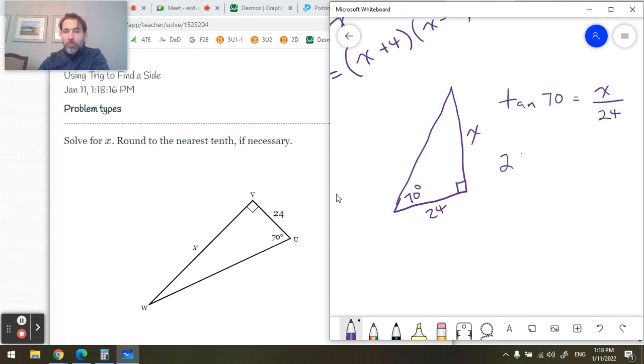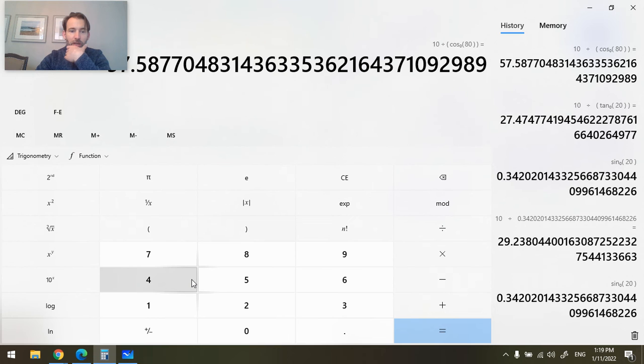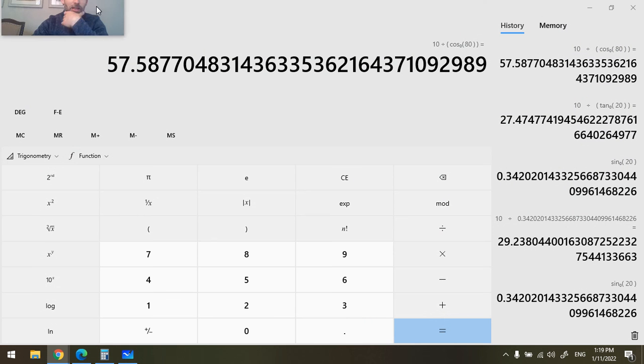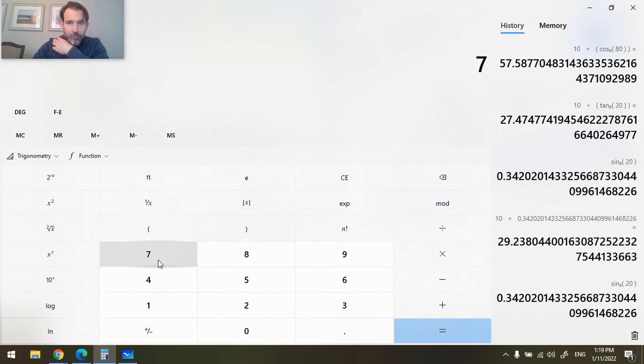Therefore, what I got to punch on my calculator is 24 multiplied by tan 70. That's going to equal x. Okay, and let's do it. Can't do it in my head. If you meet someone that can do trig in their head, then they do a lot of trig.